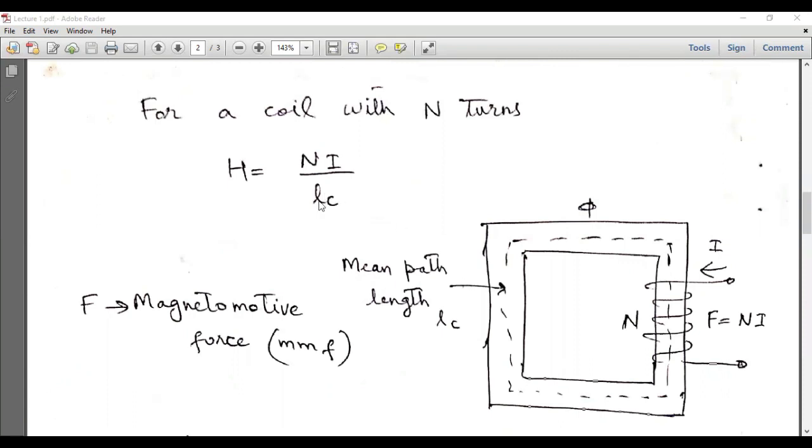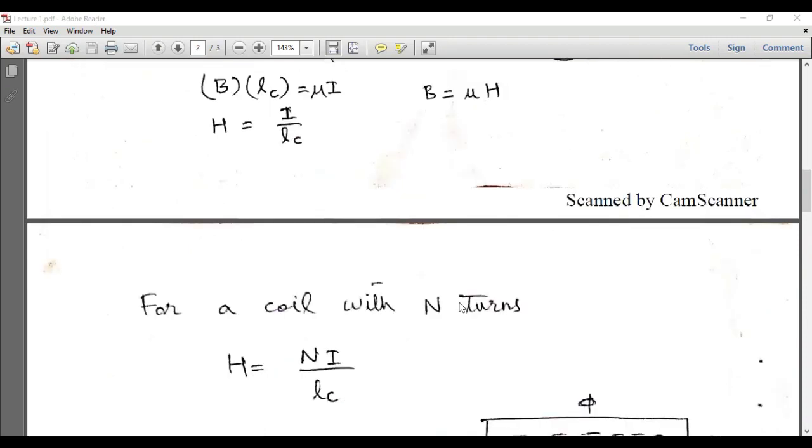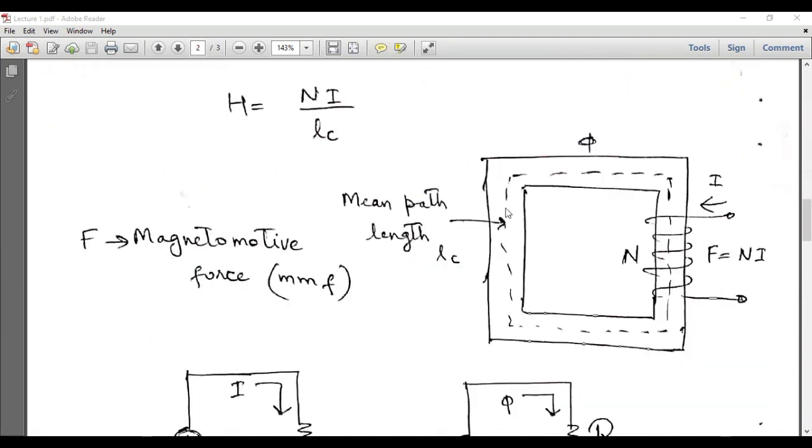So now we have to calculate the length of this closed path through which the flux is flowing. In this case, the flux is flowing through the air. So if we want maximum flux interaction or maximum propagation of the flux through the closed path, we have to consider a ferromagnetic material whose permeability is very high.